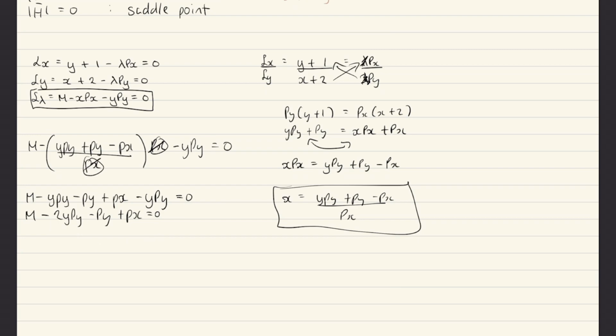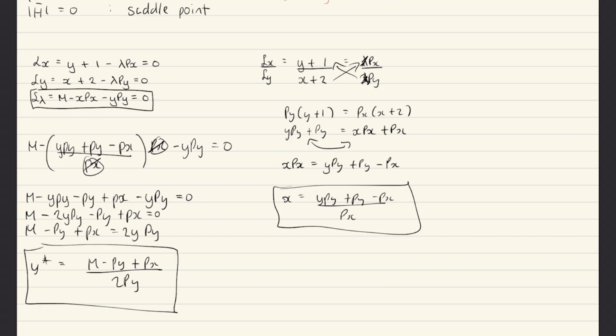So you add 2y py to both sides, so it's m minus py plus px equals 2y py. And we want y by itself, so divide both sides by 2py. So we get that our y star equals m minus py plus px all over 2py. And that's our final answer for y star.